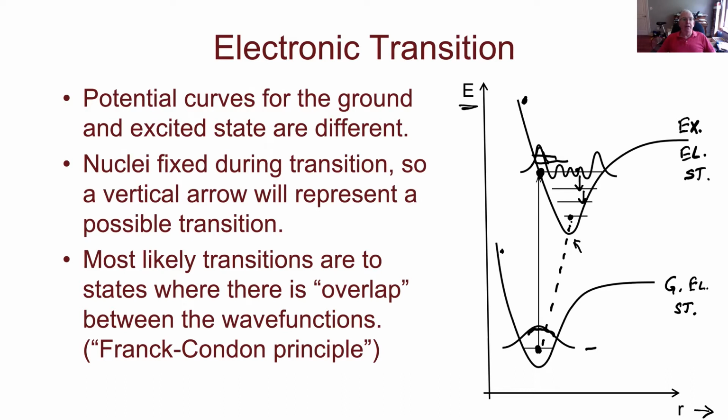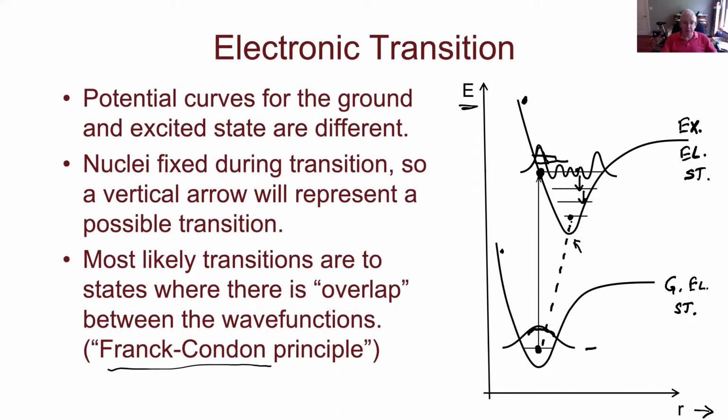Okay, when we talk about this vertical transition idea, we usually refer to that as being the Franck-Condon principle. The same argument is in what is known as the Born-Oppenheimer approximation, the phrase I used on the previous slide. Okay, but that's what dictates what states we're going to be able to move between. It's not exactly a selection rule like the ones we had in the IR spectrum case.